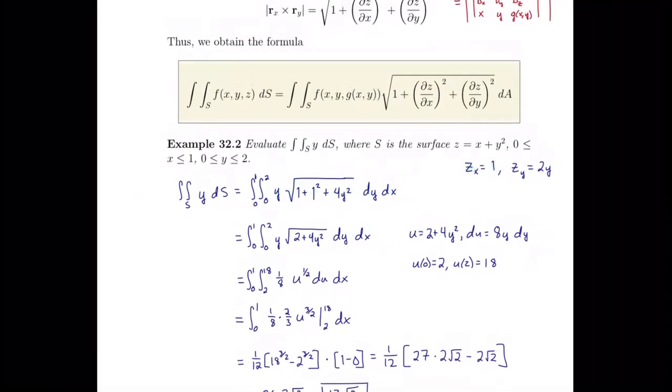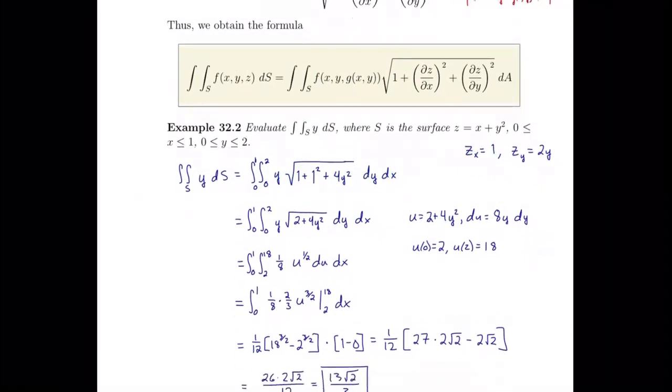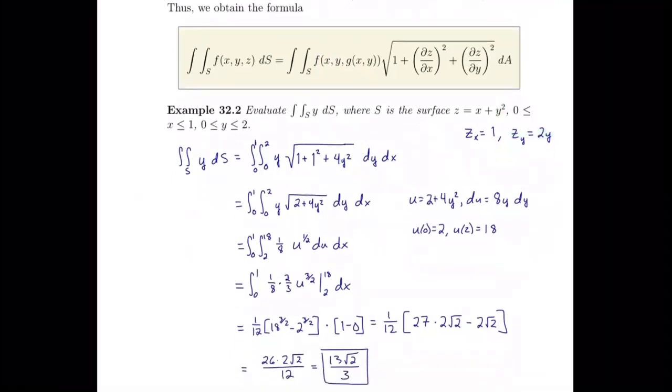These are partial derivatives. Partial derivative of z with respect to y is 2y, coming from that term. And we have 1 plus partial z with respect to x squared plus partial z with respect to y squared. We get these two terms. This gives us 2 plus 4y squared underneath the radical.